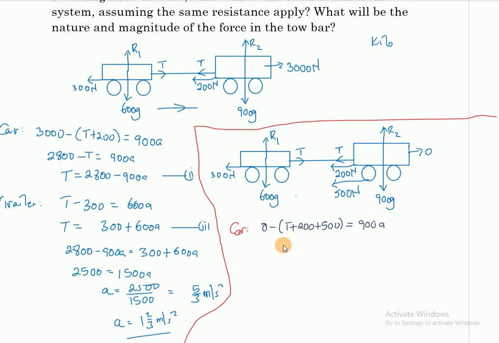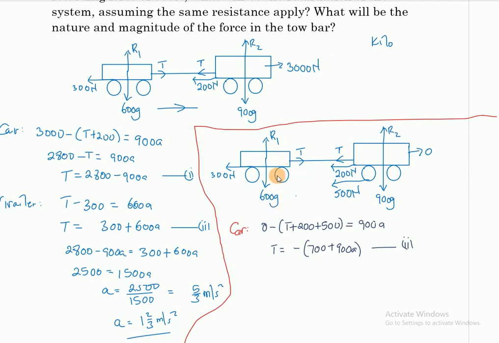Let's take the T to the other side, and we have that T is negative 700 plus 900A. Let's call this equation number 1. We also consider the motion of the trailer.